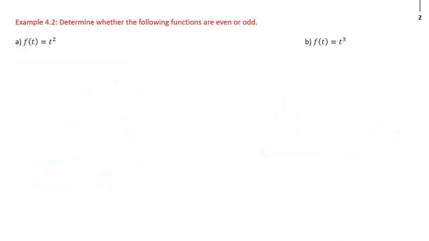For example, A: determine whether the following functions are even or odd. Look at question A. Given f(t) equals t squared.